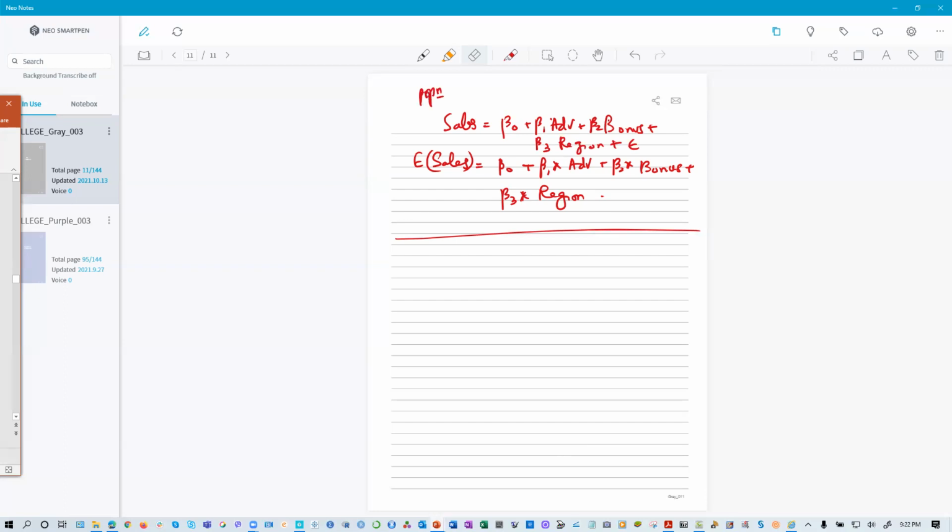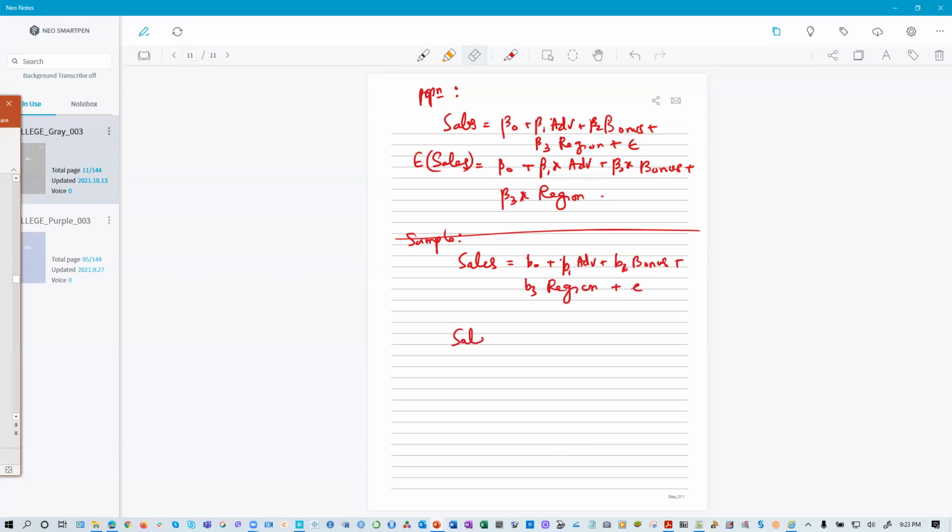Those cannot be evaluated. B naught, you cannot calculate B naught. That's how you estimate. When you estimate, look at what you have: sales in the sample version. This is in the population. In the sample, instead of beta naught, you have B naught plus B1 advertising plus B2 bonus plus B3 region plus residual.